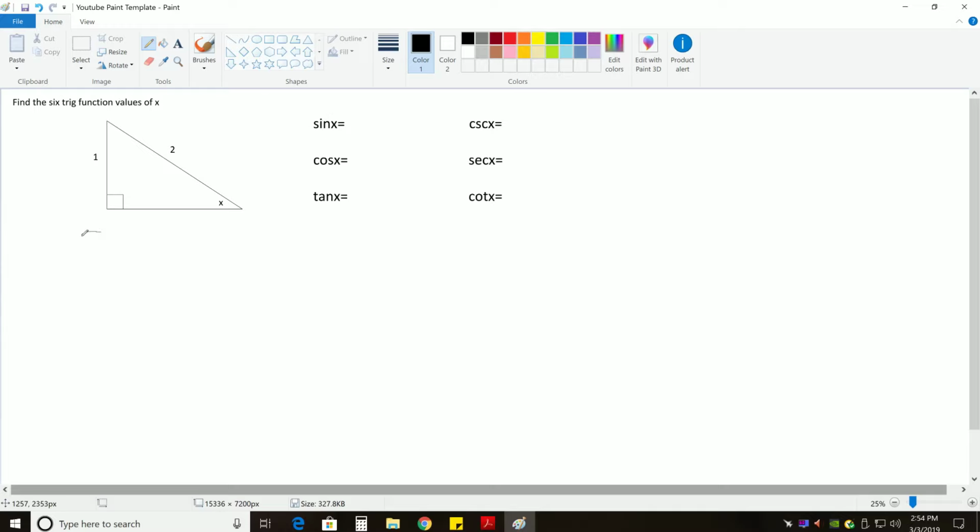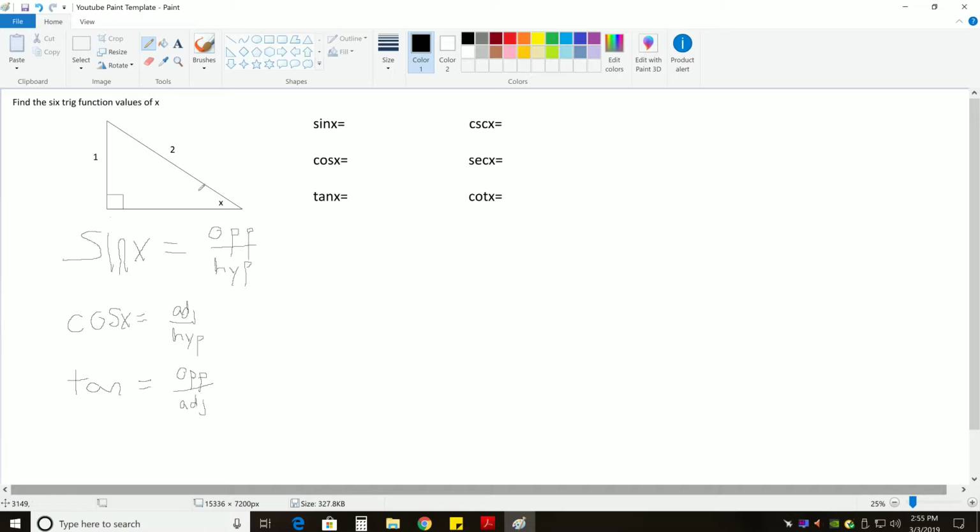Cosine of x is equal to the adjacent over the hypotenuse. And finally, tangent is equal to the opposite over the adjacent.